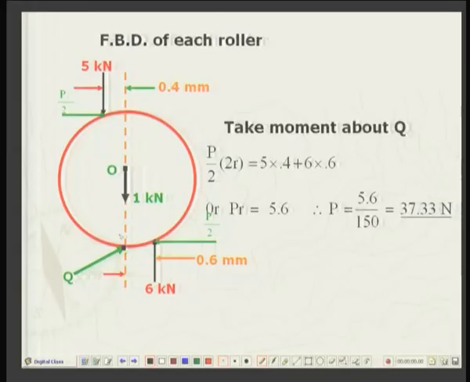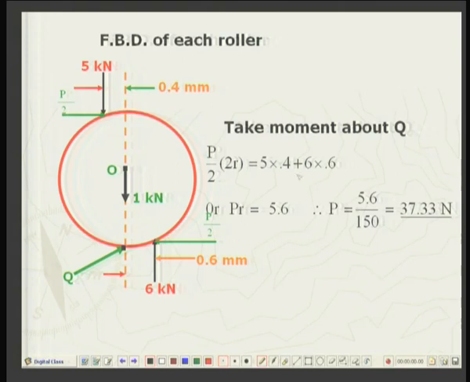P by 2 into, I am taking moments about Q, so P by 2 into 2R is equal to 5 into 0.4, okay, plus, so this is anti-clockwise and this will also be anti-clockwise, plus 6 into 0.6, 6 kilonewton. So this equation when simplified, PR is equal to 5.6, okay, because this 2 and 2 cancels out.